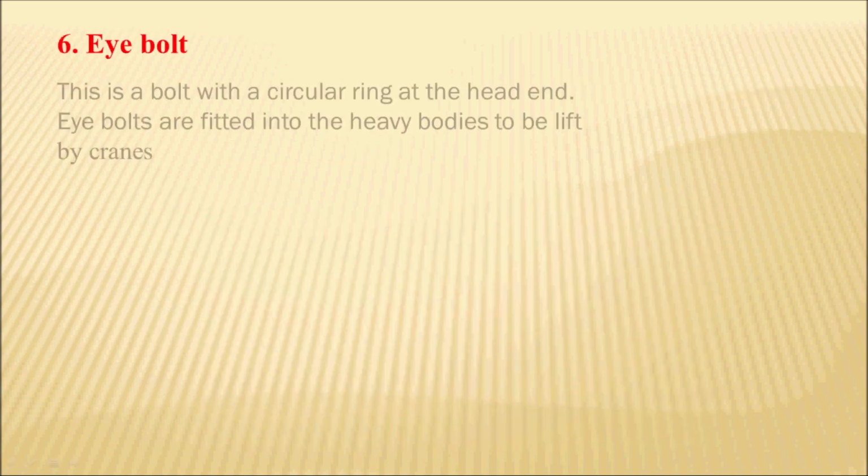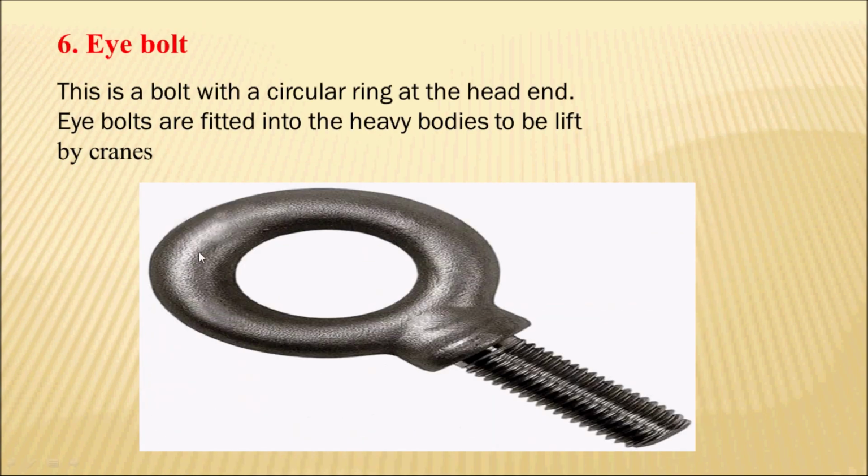Next bolt is the eye bolt. You can see onto the screen, this is the eye bolt. This is a bolt with a circular ring at the head end, and towards the tail you can see threading.